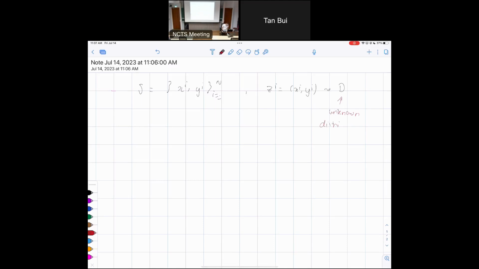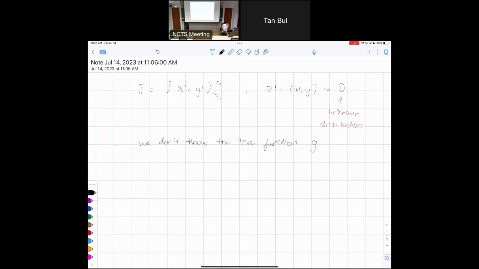All we know is that we have N samples from that unknown distribution. We don't know the true function either. We don't know the true function G. Okay, so we don't know that either.